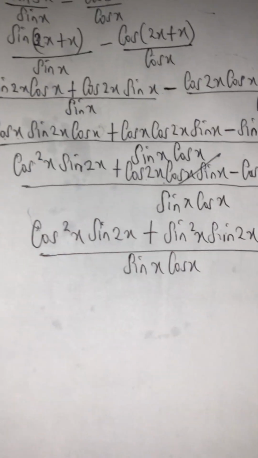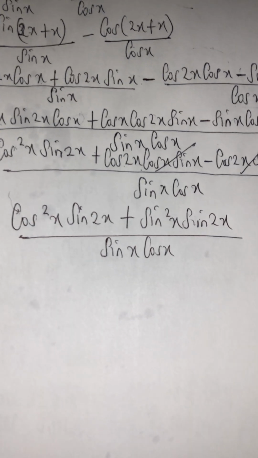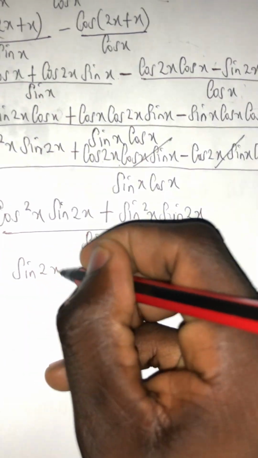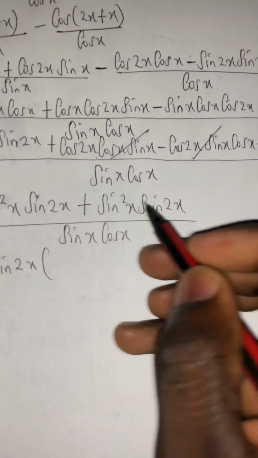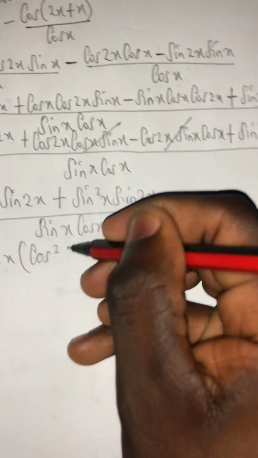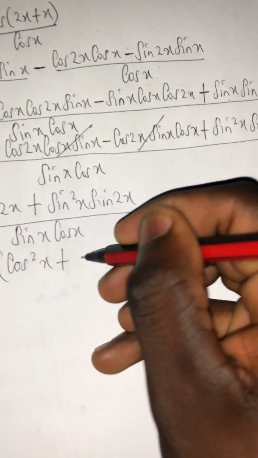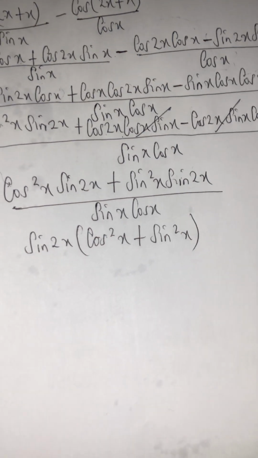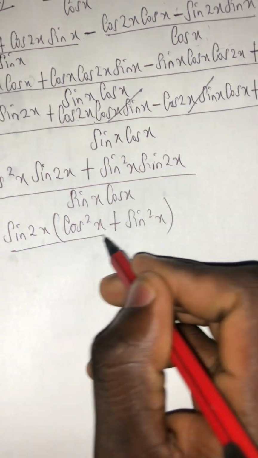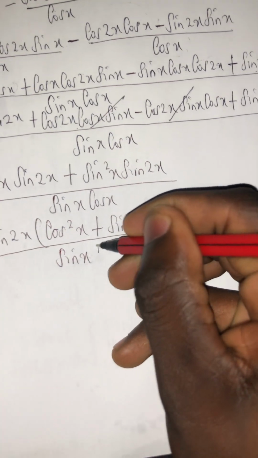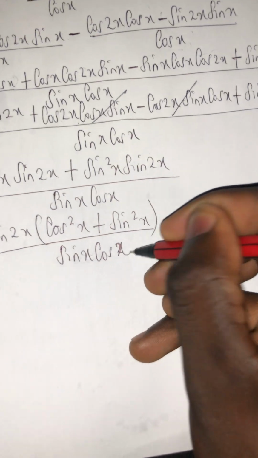Okay, so I can do some mathematics here by just factorizing sine 2x. So sine 2x will be out since it is common. Sine 2x is common, so I'll remain with cos square x plus sine square x in brackets, over sine x cos x.